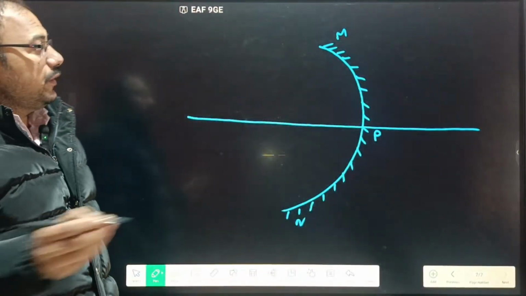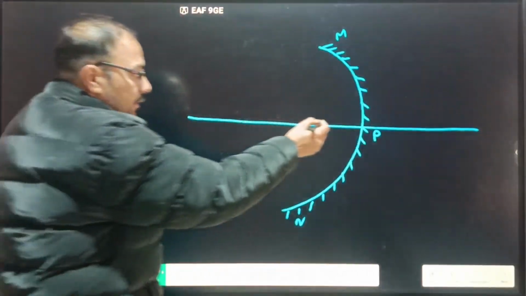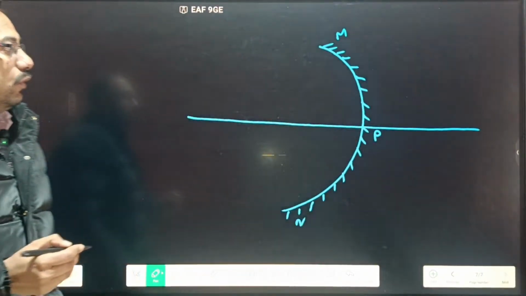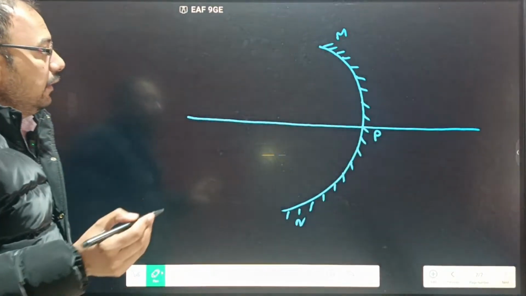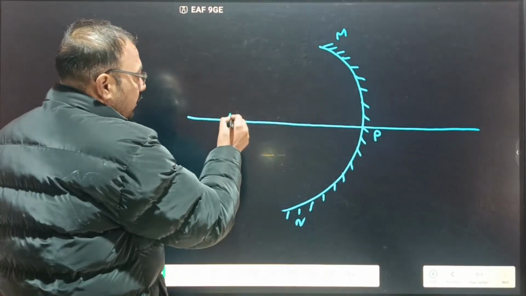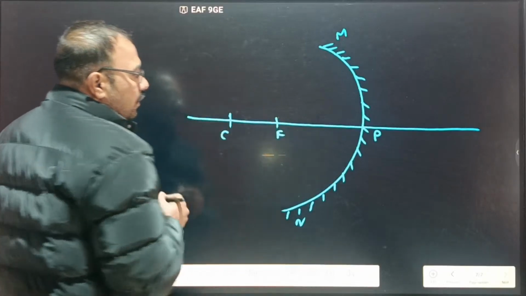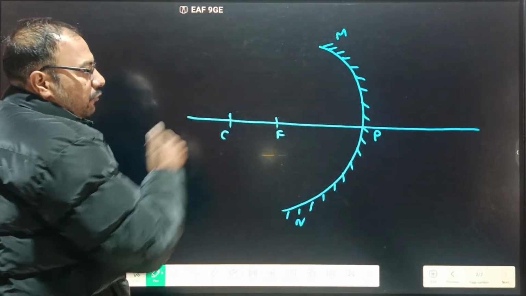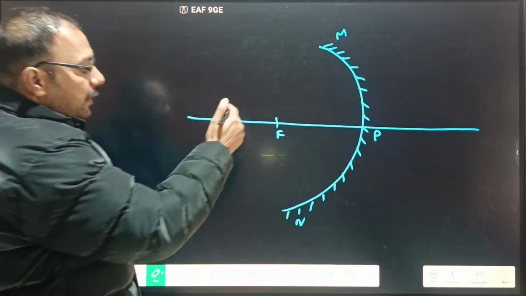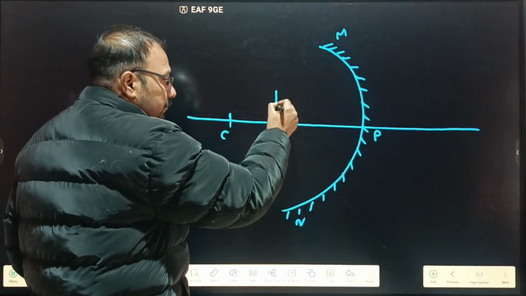Basically MN here is the aperture, and P is the center point of the concave mirror, that is known as the pole, and this is known as the principal axis. This is the center of curvature, and this is F. So in the previous case we put object between C and F. So here we put object at the focus.